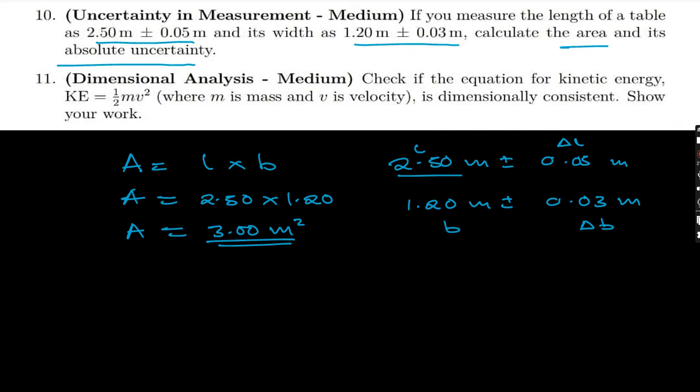Now how are we going to find the absolute uncertainty? The first thing is to write the formula for the relative uncertainty.